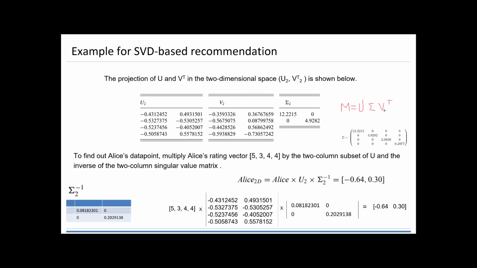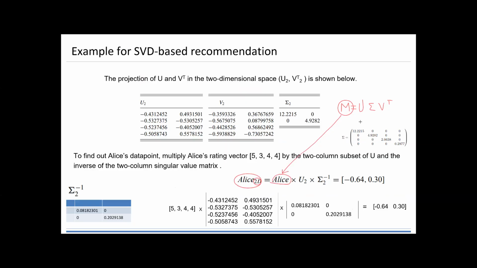Given the matrix, we can convert this. We have the Alice 2D. So we want to know the 2-dimensional value of Alice. So we have this matrix.